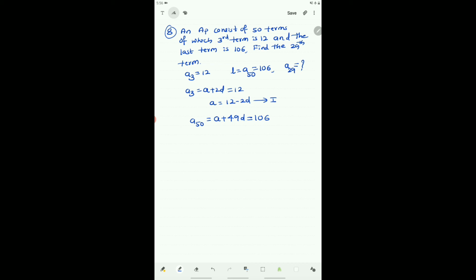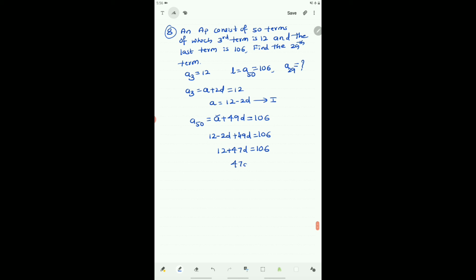Then you substitute the value of A, that is A is 12 minus 2D, plus 49D is equals to 106. 12 minus 2D plus 49D means 49 minus 2 is 47D. That is 12 plus 47D is equals to 106.